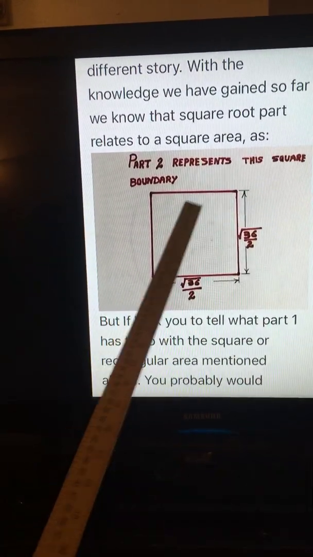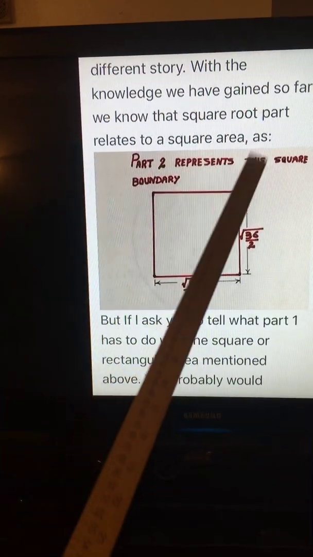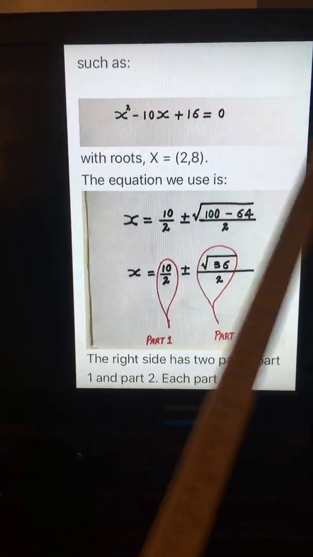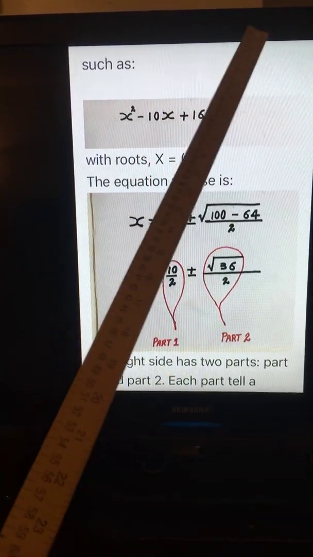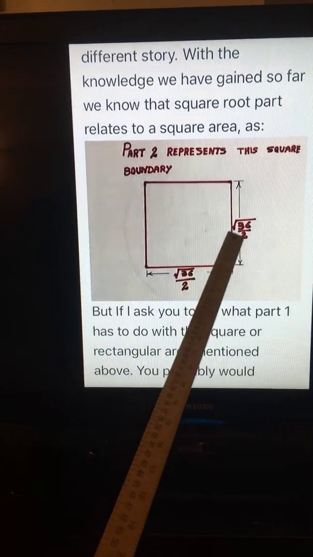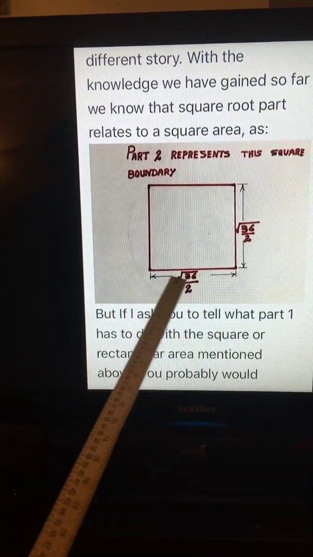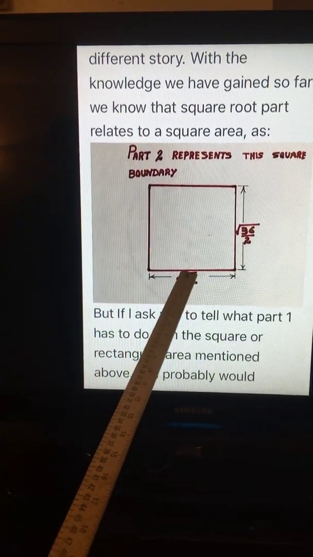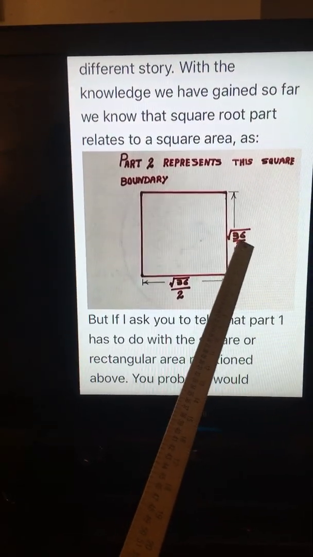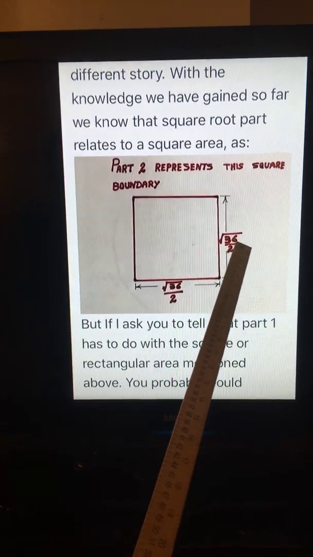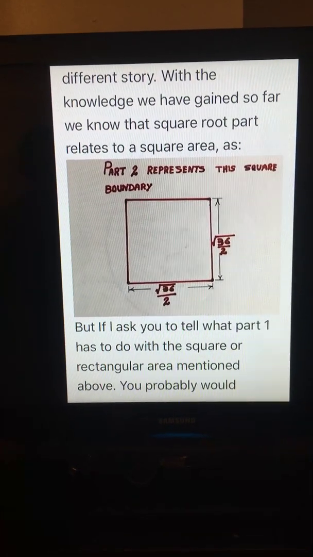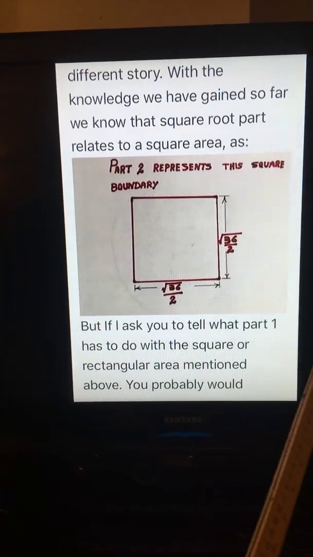So, the second part belongs to some square area, which is this one. I kept the under root symbol here just to mention that this is not a number. Like this number could be equal to 3, but that 3 wouldn't give us any idea what this 3 means.